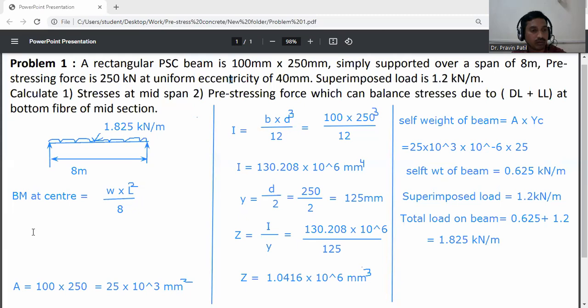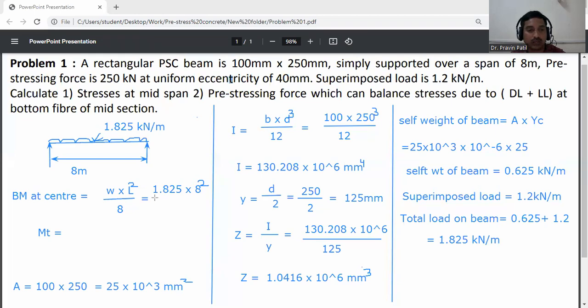So the bending moment due to total load is equal to W L square divided by 8.